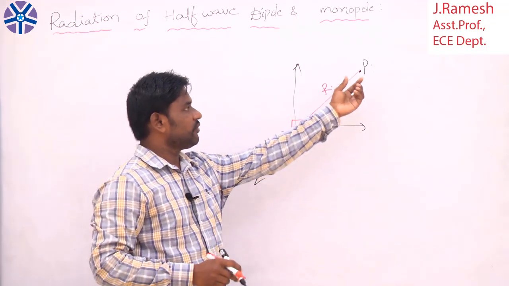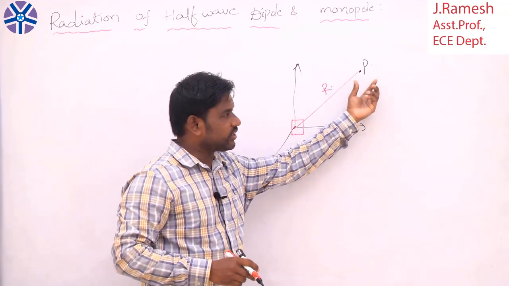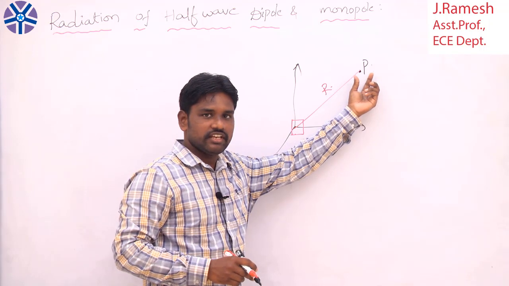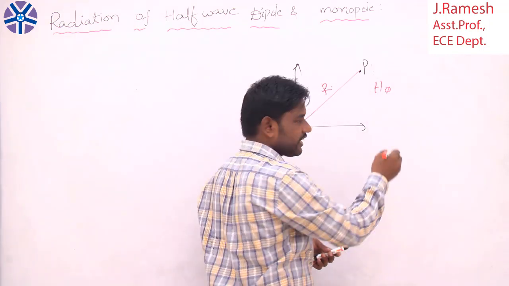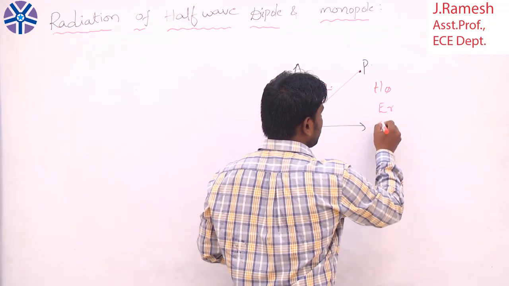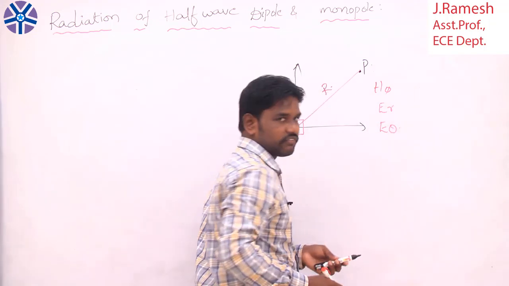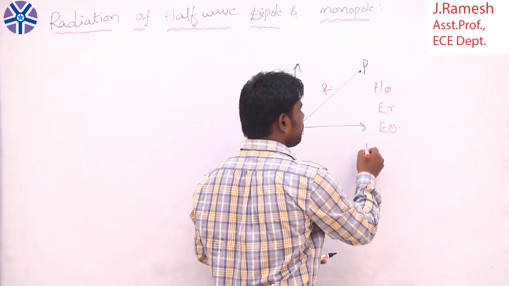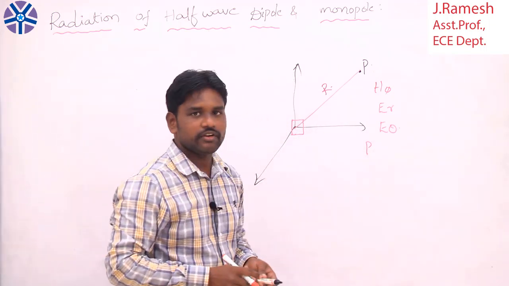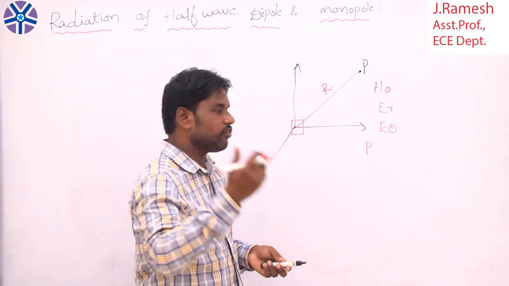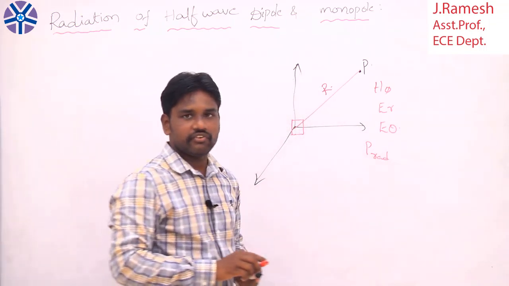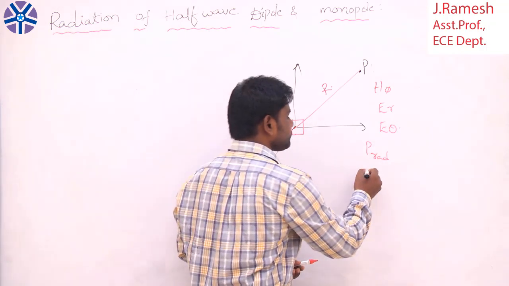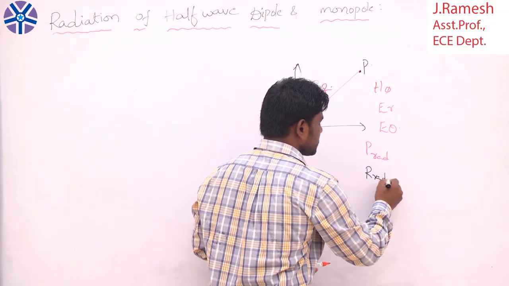So I derived this. Initially I started with the vector potential at this location, and after that I found H phi, and then I derived E r and E theta. After that I found the Poynting vector, that is the power per unit area. Then I found the total radiated power, and then I derived the radiation resistance.